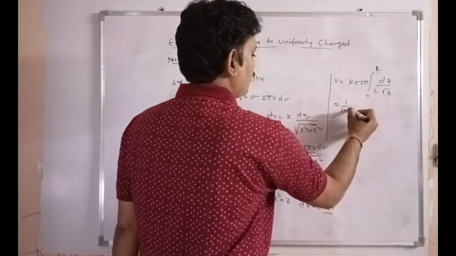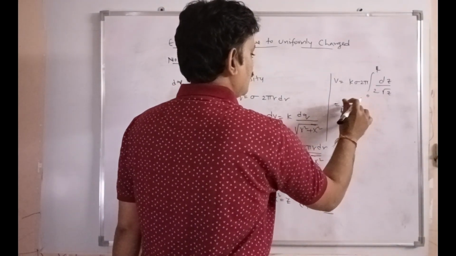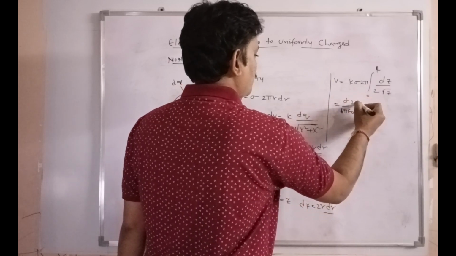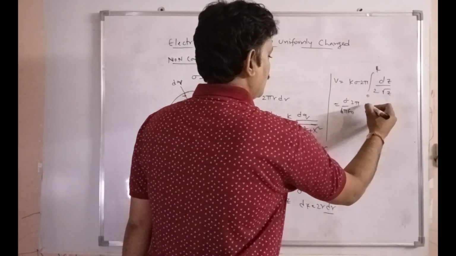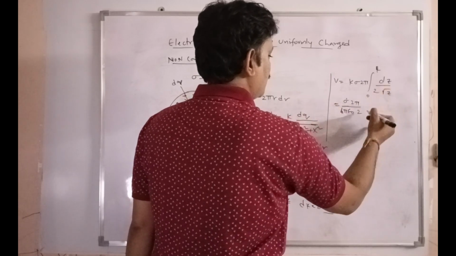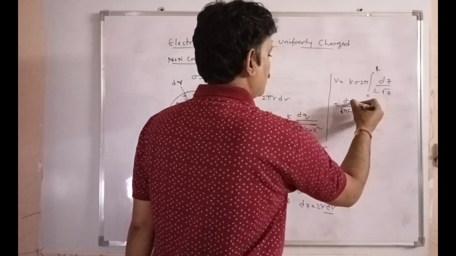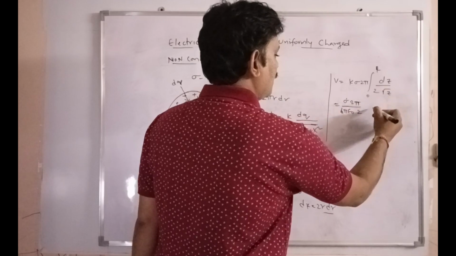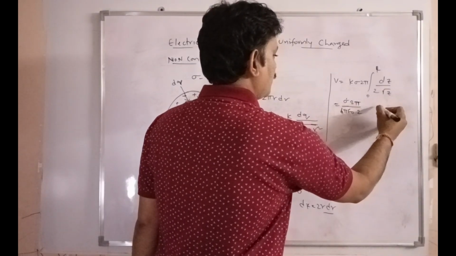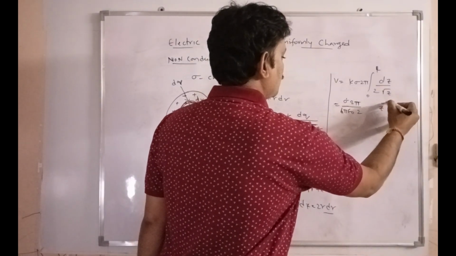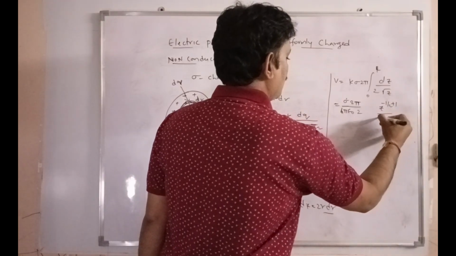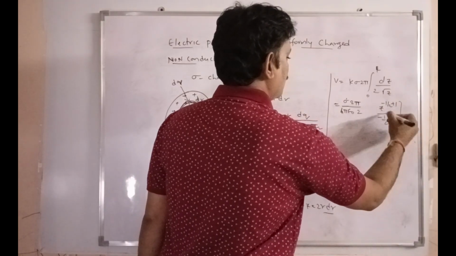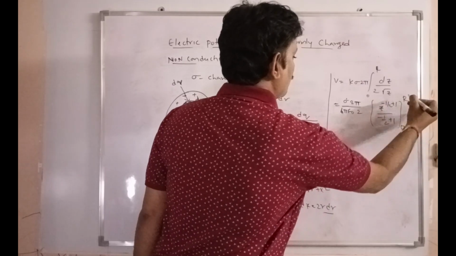K value is 1 by 4 pi epsilon naught, and sigma into 2 pi by 2. Take the denominator 2 outside, and 1 by root z is z power minus 1 by 2, so z power minus 1 by 2 plus 1 by minus 1 by 2 plus 1. The limits are 0 to R.